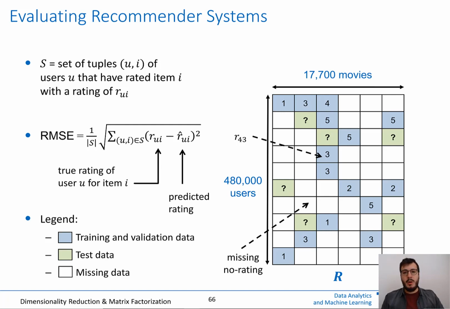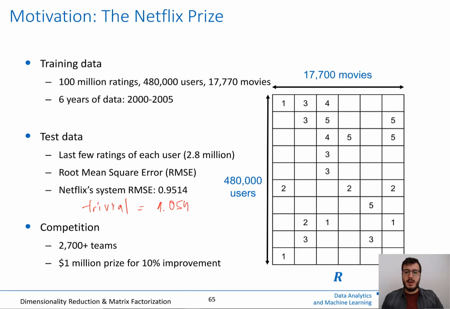So one thing I want to point out is what the training and test data look like. If you go back to the previous slide, you can imagine that this is the data set that you were given by Netflix, and what you're going to do is randomly select some of the ratings, put them in the training set, and then the remaining will be put in the test set.